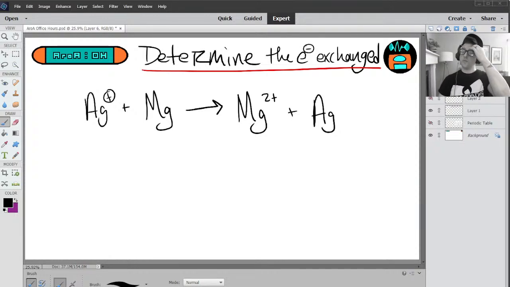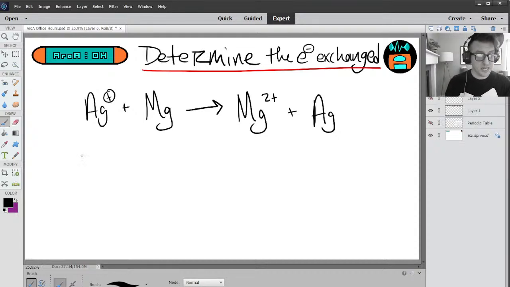You need to balance this using the half reaction method. You don't have to finish the balancing process, but you need to follow that protocol up until you're balancing electrons. Once you've balanced your electrons, you'll know the electrons that have been exchanged.